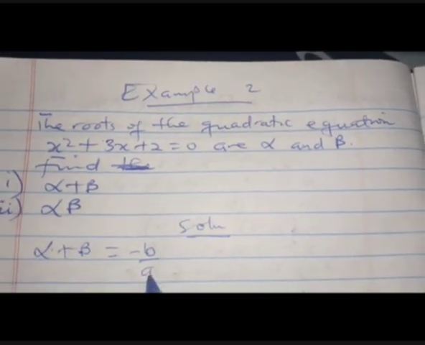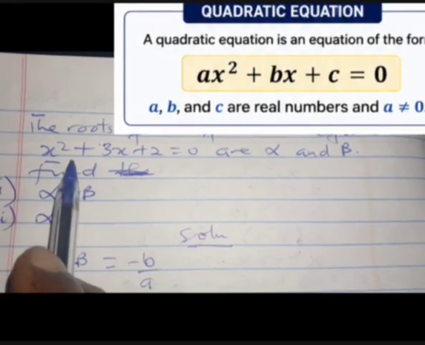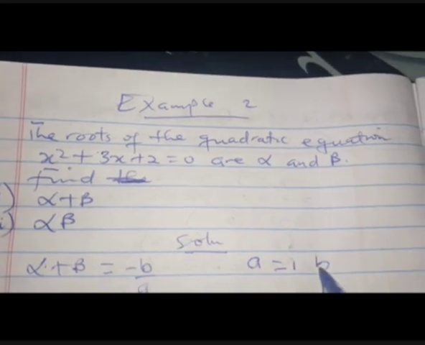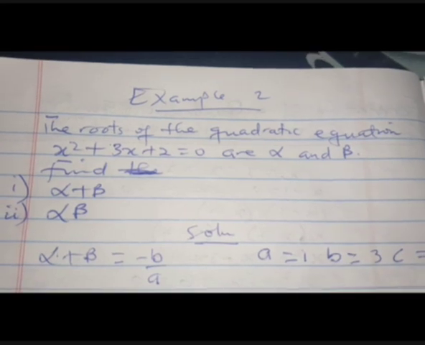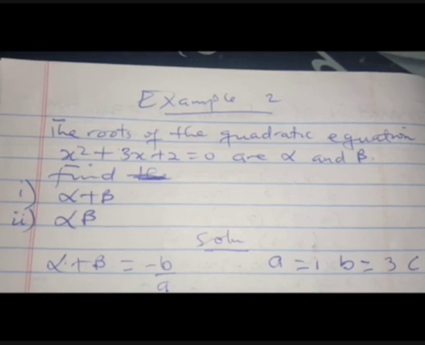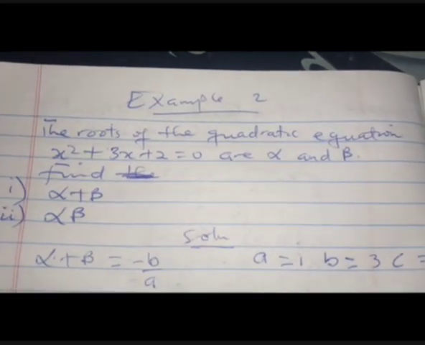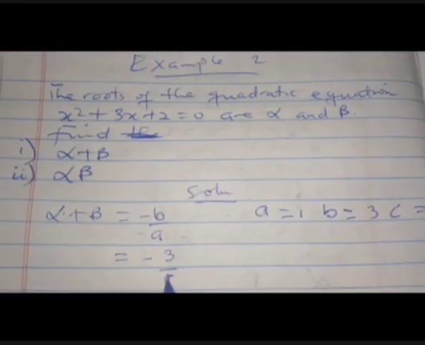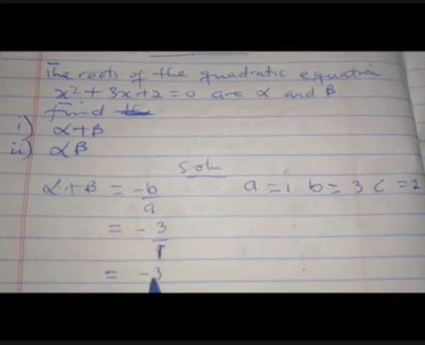So by comparing this equation to the general equation ax squared plus bx plus c, the value for a is 1, the value for b is 3, then the value for c is 2. So we can substitute b and a in this value for us to get minus 3 over a is 1. So minus 3 over 1, which is the same as minus 3.